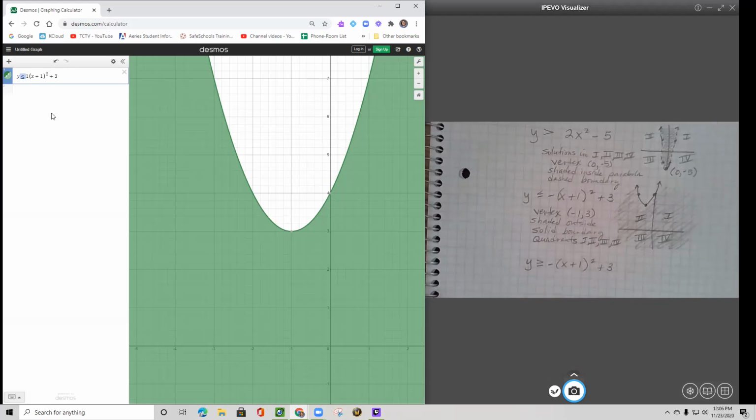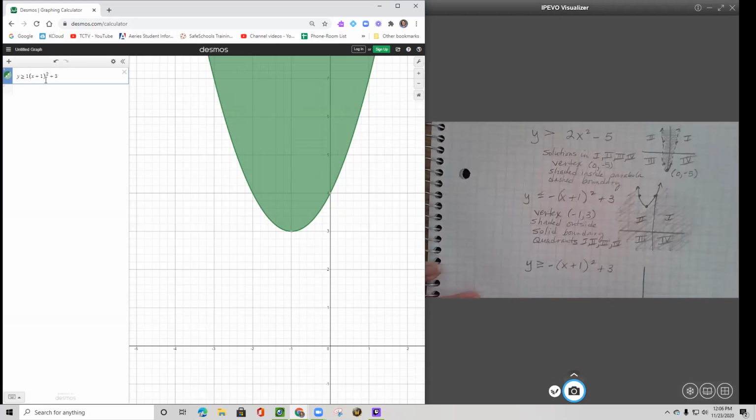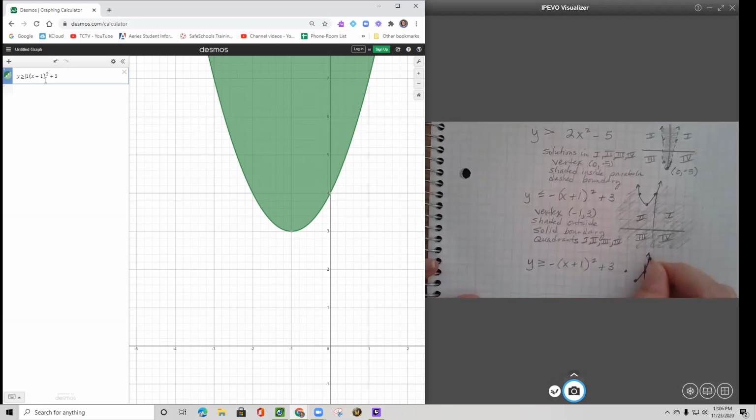So all I'm changing here is where my solutions are. So now I have the same curve with a vertex at -1, 3 and opening upward with a solid line boundary, the same.